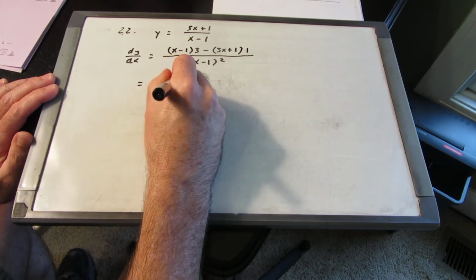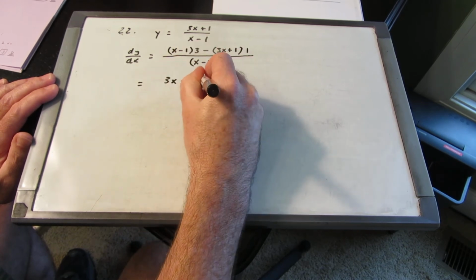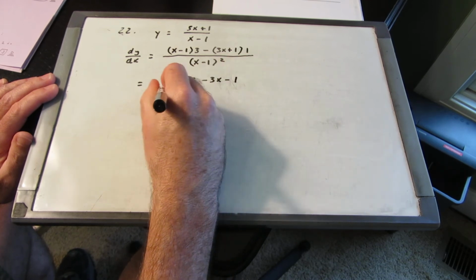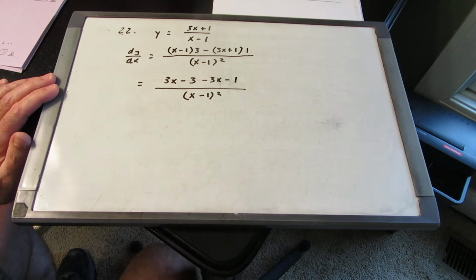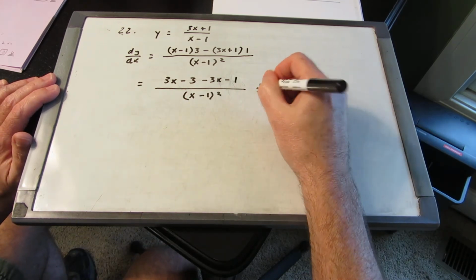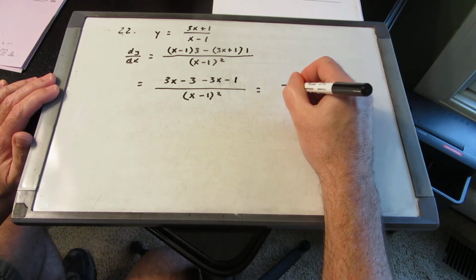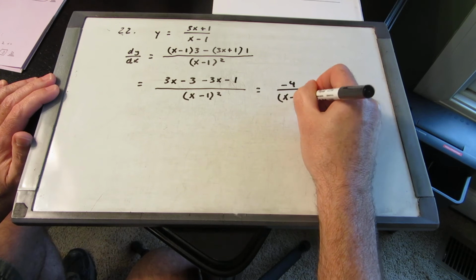That's going to be 3x minus 3, distributing the top, minus 3x minus 1 over x minus 1 all squared. And then the 3x's cancel, and negative 3, negative 1 makes negative 4 over x minus 1 all squared.